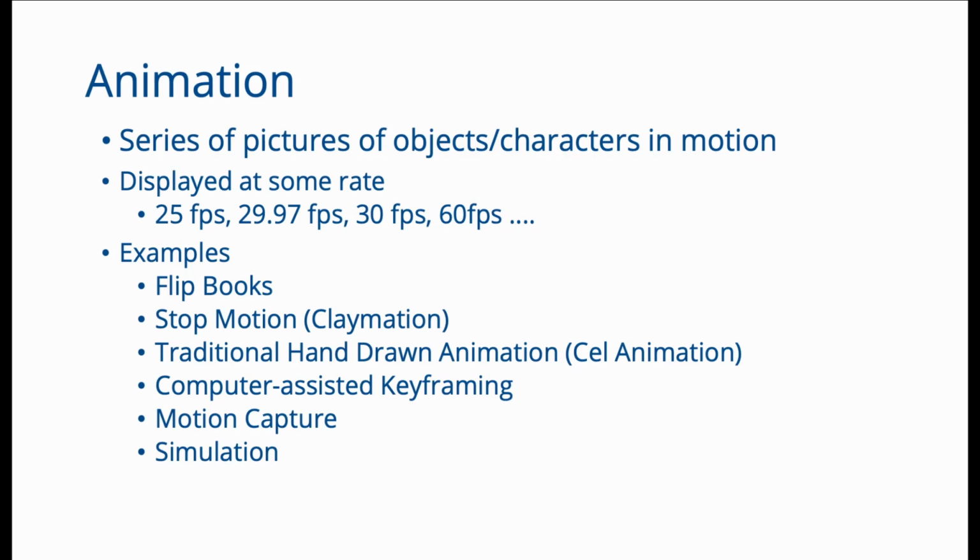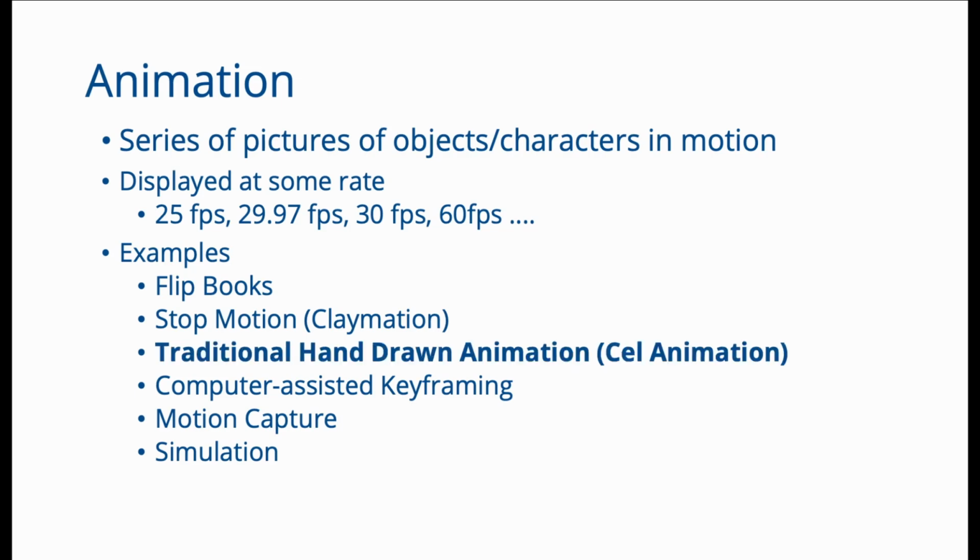And the final method listed here is simulation, where you actually simulate physics based models of various phenomena like fire or fluid flow or even collision, for example, of rigid bodies. And you use that simulation to generate the images that finally result in your animation.